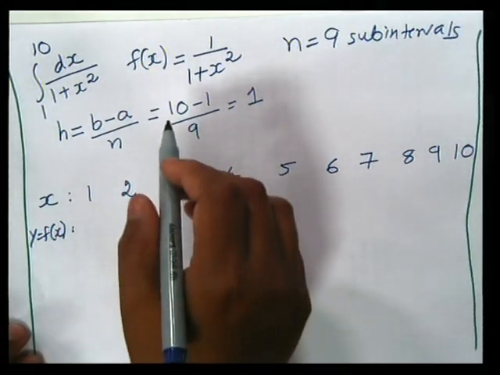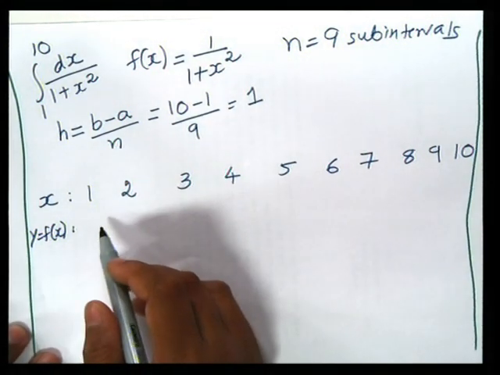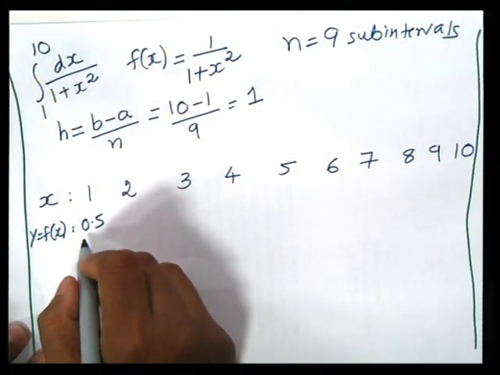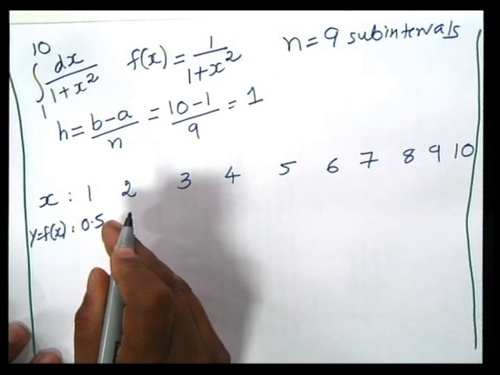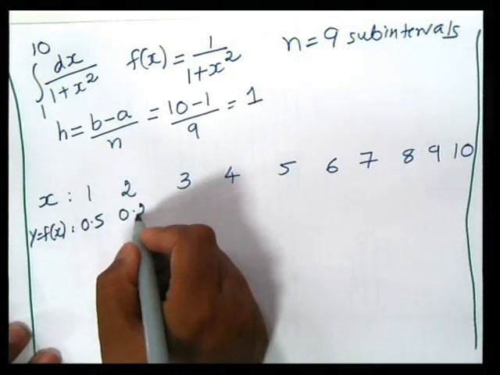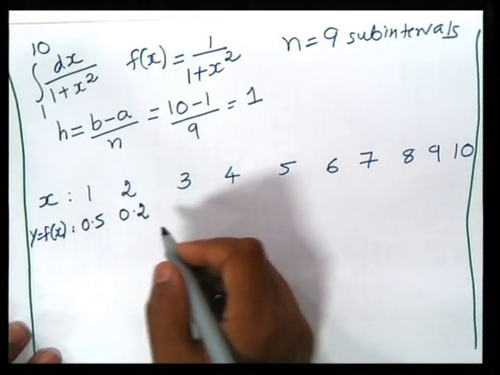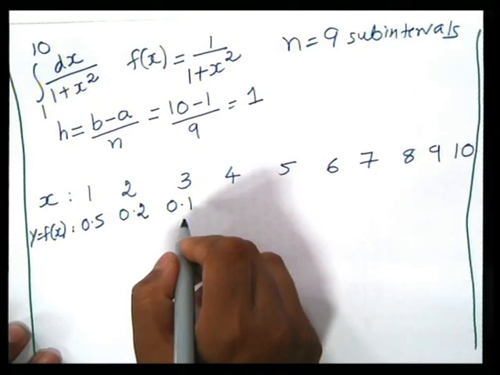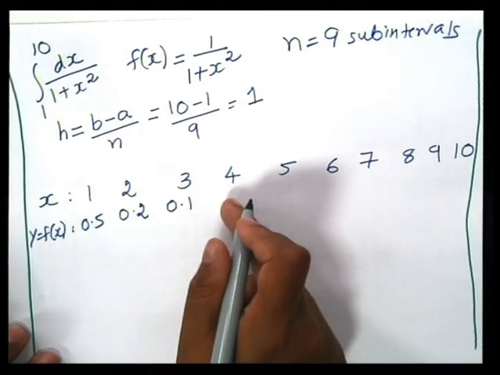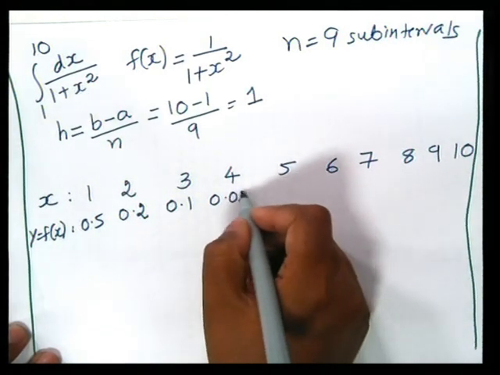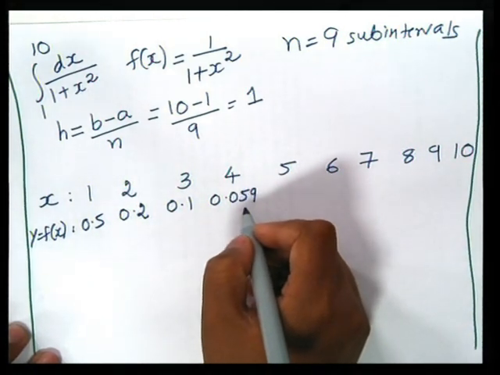If I put x is equal to 1, the answer will be 0.5. For x is equal to 2, 0.2. For x equal to 3, 0.1. For x is equal to 4, 0.059.